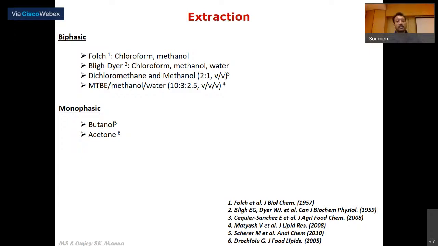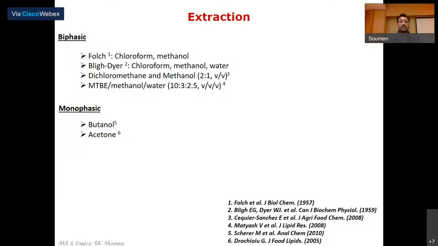And there are also other methods, for example, monophasic methods like simple acetone based extraction. And then there is a butanol based extraction, and it was shown particularly that this butanol based extraction gives really significant recovery of polar lipids, including cardiolipins and stuff like that.